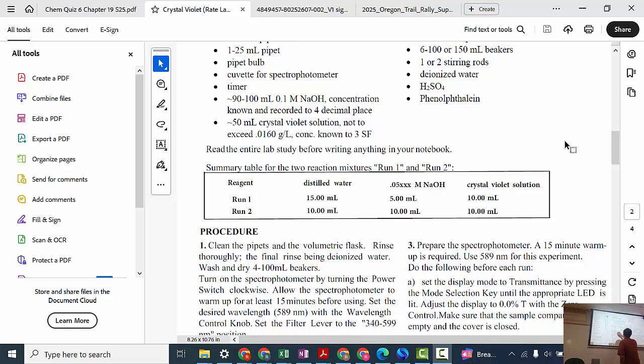Then for run two, it's going to be 10 milliliters of deionized water. We don't have any distilled water. 10 milliliters of sodium hydroxide solution and 10 milliliters of crystal violet. So again, it's going to be 10 to 30 dilution for the crystal violet. However, for the sodium hydroxide, up here it's a 5 to 30 dilution. Here it's a 10 to 30 dilution. So it's going to be twice as concentrated in run two.